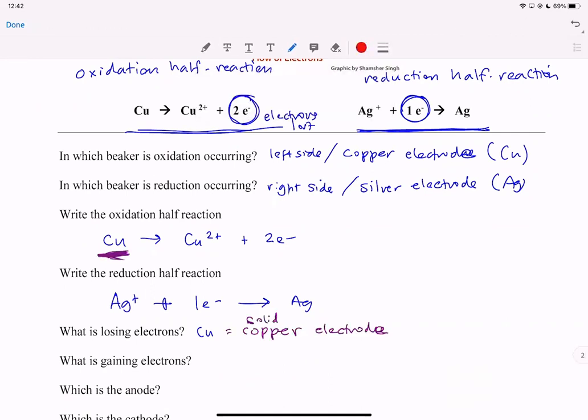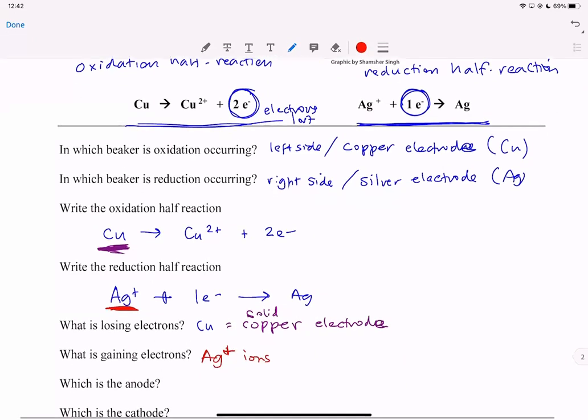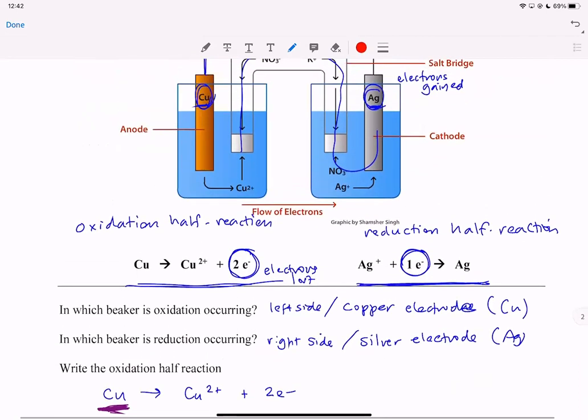What is gaining electrons though? What's gaining electrons is this in red. So this Ag+ ion is what's gaining electrons. Going back up here, you can see this Ag+ is gaining electrons, and it then becomes part of this silver cathode.